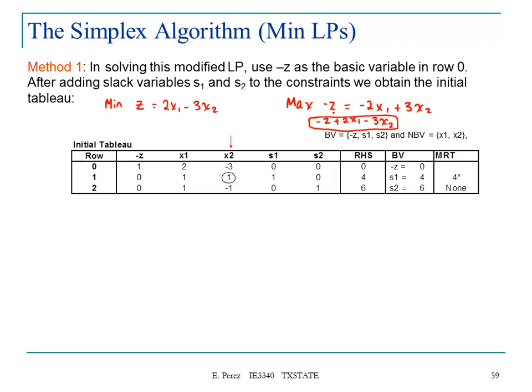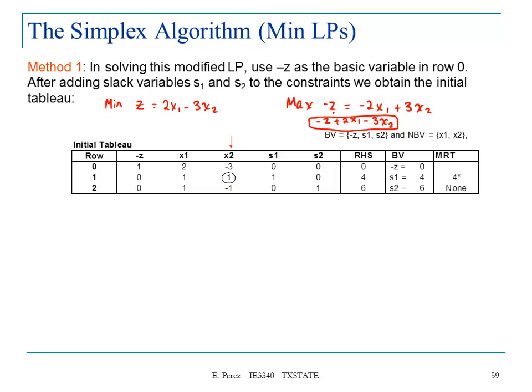And what will be the row that you're going to use to enter that variable? For that, you have to look at the ratio, right? So you take this column and you divide that column by the right-hand side, and you find that 4 divided by 1 is 4, and 6 divided by minus 1, you cannot divide that because it's a negative number.